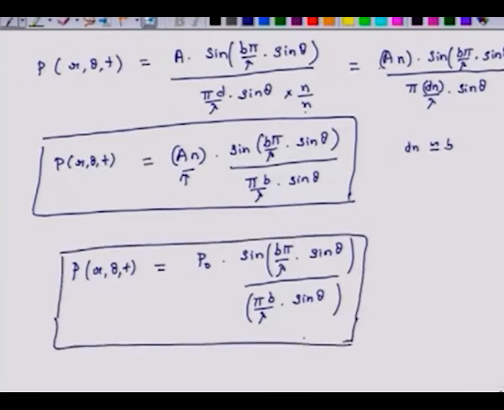So, this is my expression, and here I have assumed that r is extremely large compared to b.